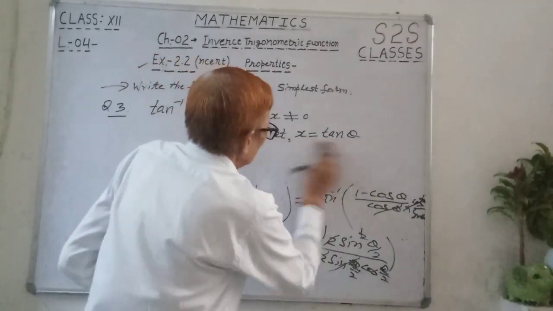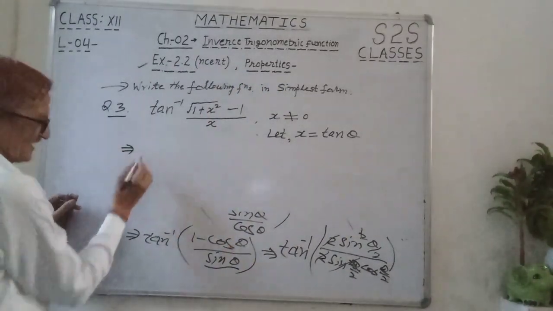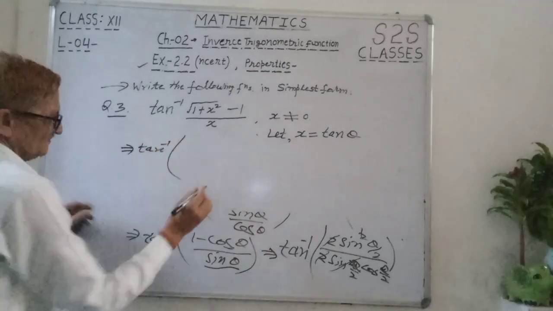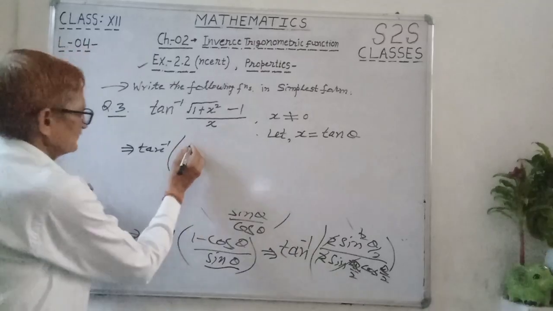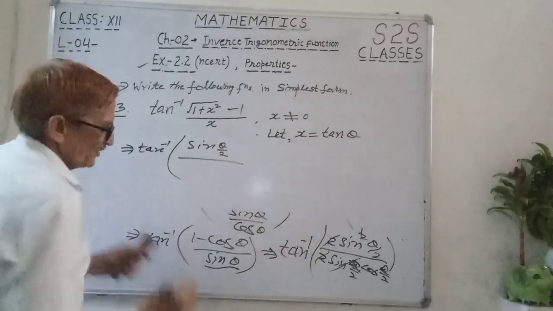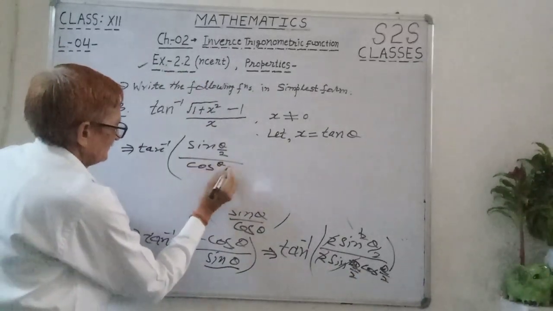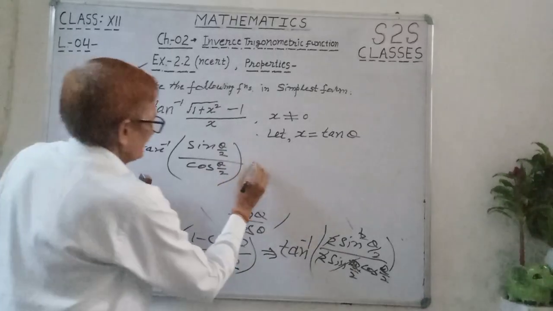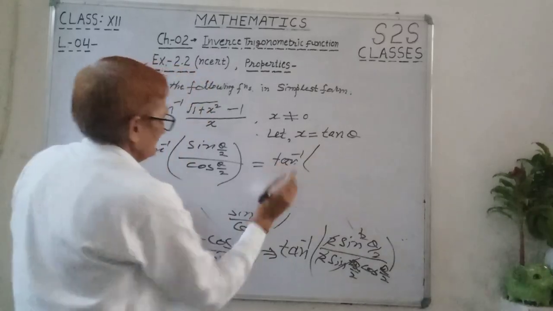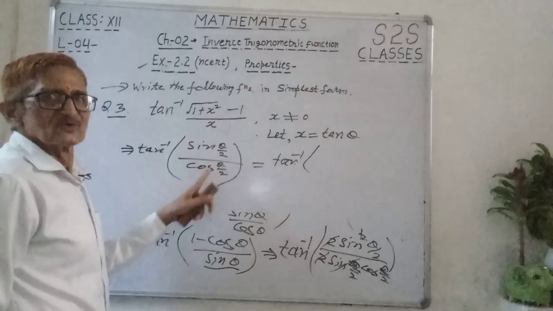what is left after simplification? This implies tan inverse of sin theta by 2 upon cos theta by 2, which is tan theta by 2. So tan inverse of tan theta by 2.